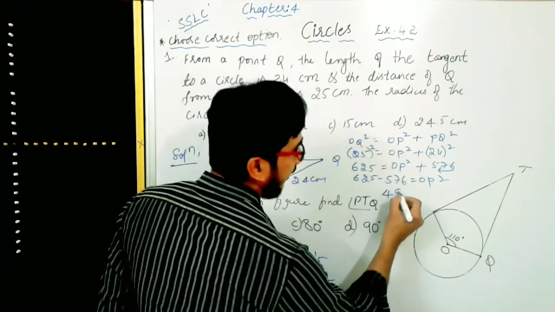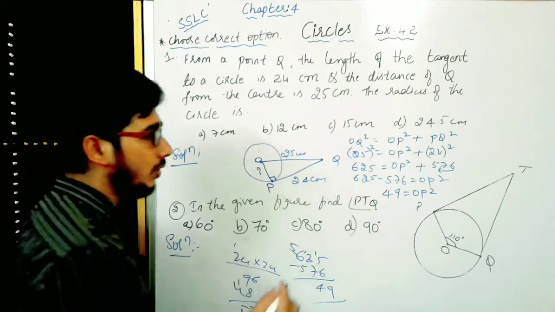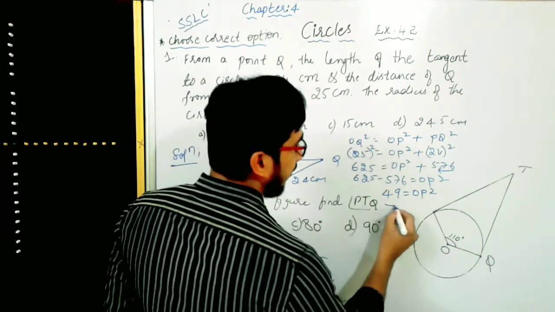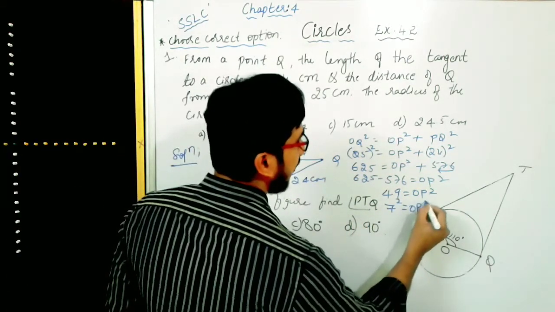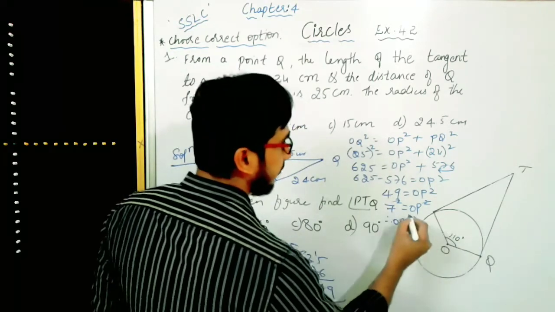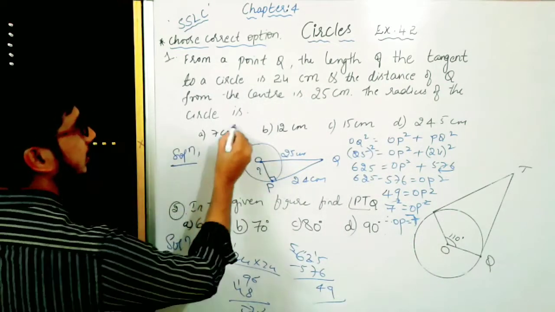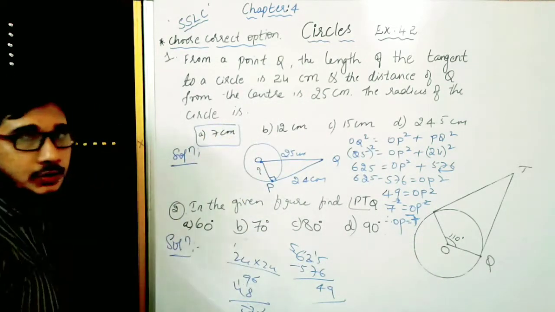So 49 is equal to OP square. 49 can be written as 7 square, which is equal to OP square. Square gets cancelled, therefore OP is equal to 7. Where is 7? It is here. This is your correct option.